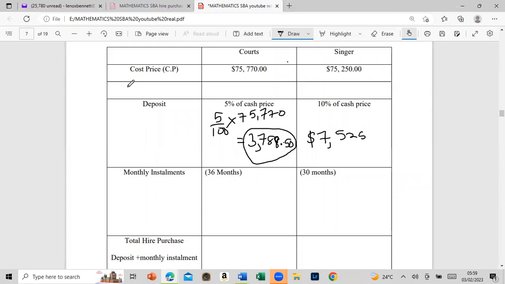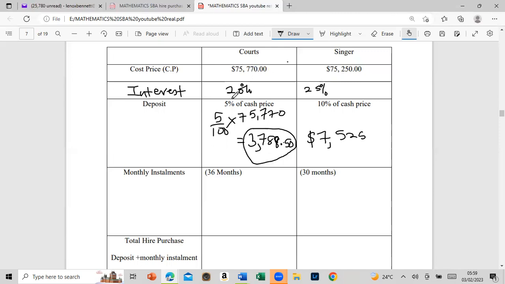Alright, so let's say the interest rate, because I want you guys to get the full understanding. I don't want to do it before. Let's say the interest rate for each. Say for Courts, it was 20%, and for Singer it was 25%.